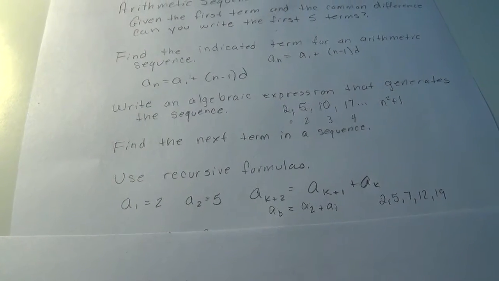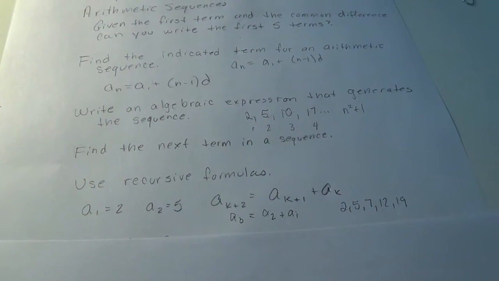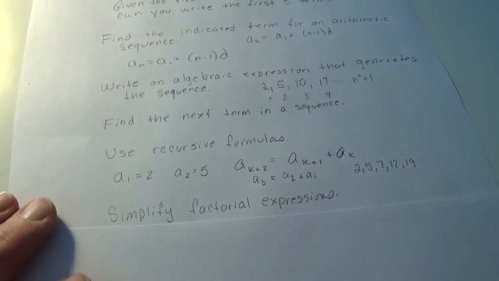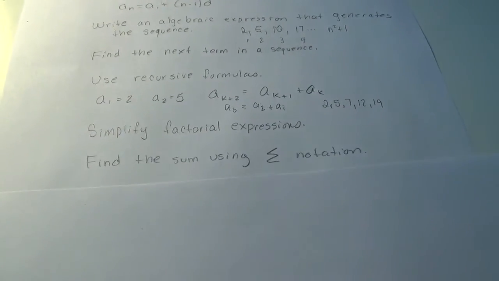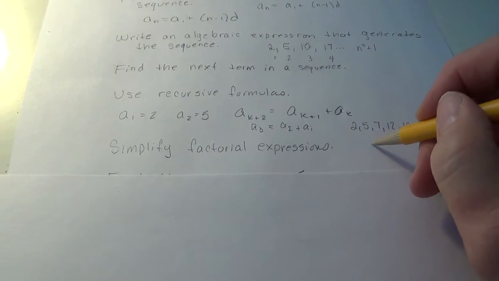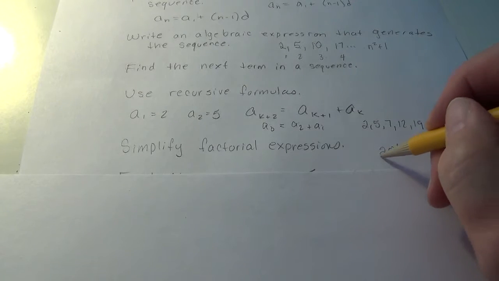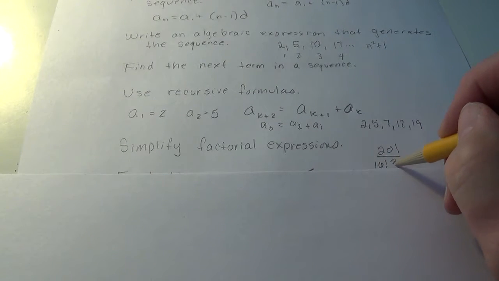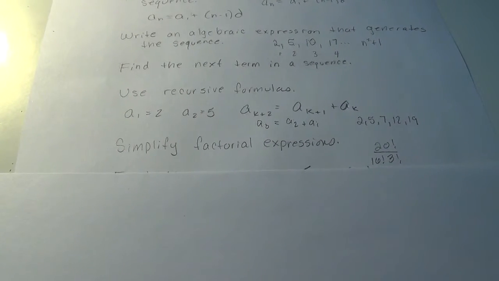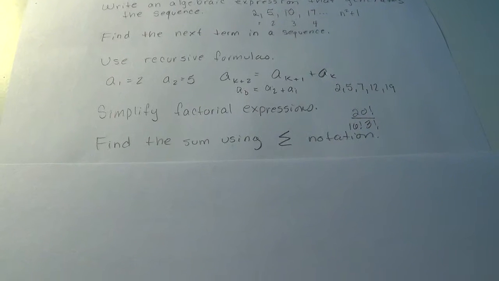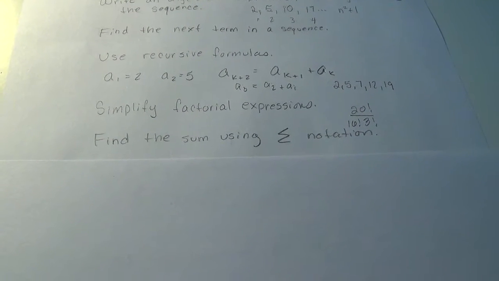So hopefully you remember we did a section or so of those. We were introduced to the factorial notation, and we were able to simplify factorials, something like that. Sometimes factorials show up in our work.